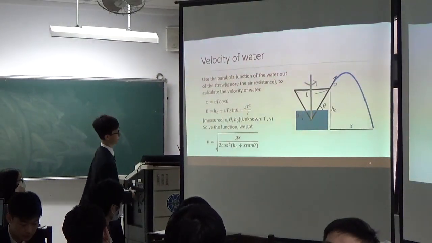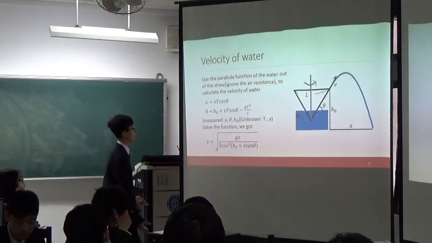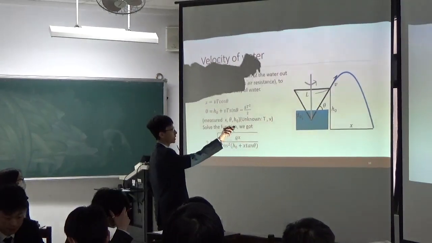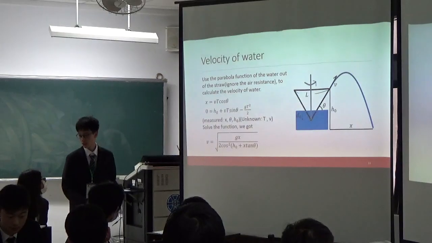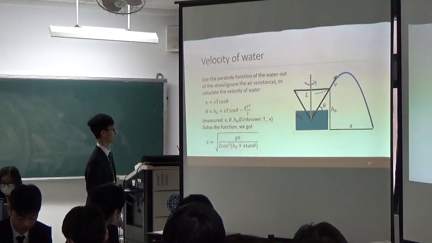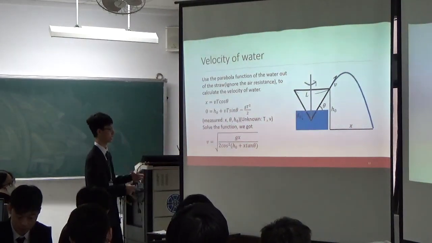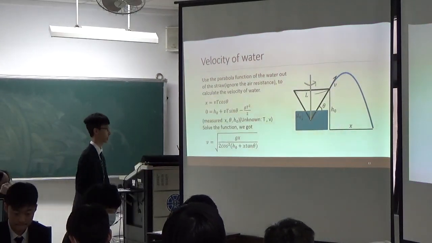x direction is equal to v t cosine beta, and 0 equals h naught, where h naught is the height of the water pumped out of the straw, plus v t sine beta minus g t squared divided by 2. We measure the distance of the water pumped out of the straw, and beta is the elevation angle, and the h naught.